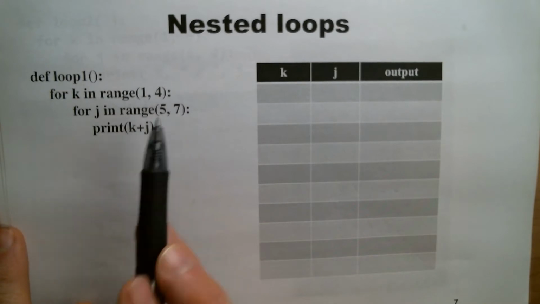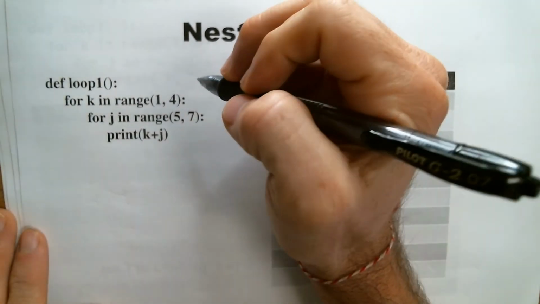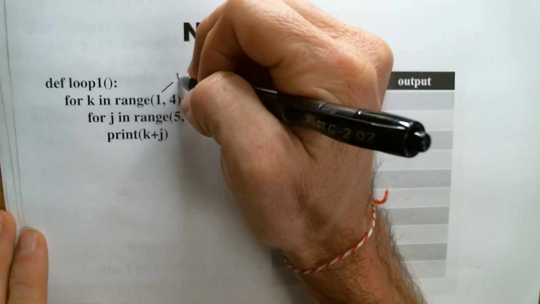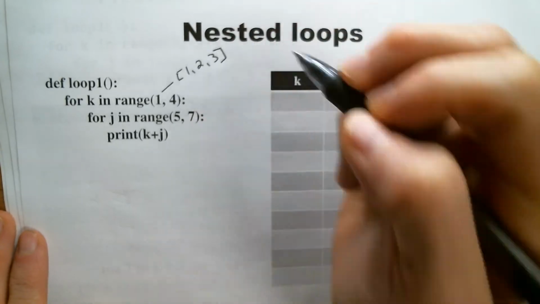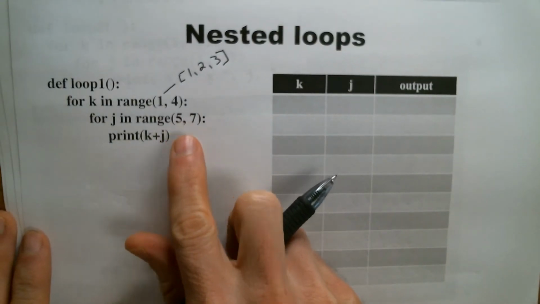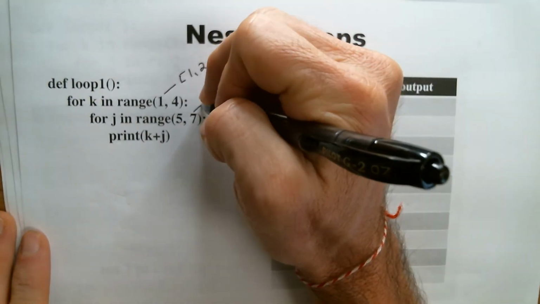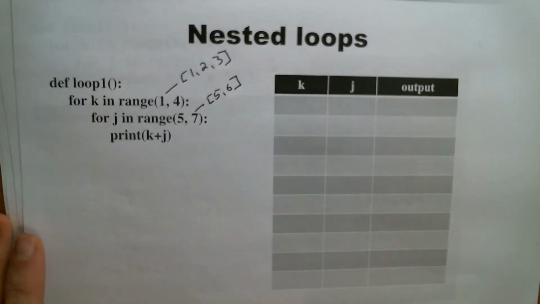Here's our second loop. So this one has a range of 1, 4, which means it's going from 1 to 2 to 3 and then stopping. It doesn't get to 4. This one has a range of 5, 7, which means that it gets to 5 and 6 and then nothing else.